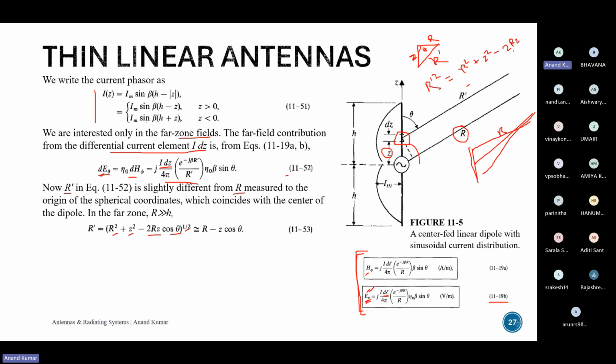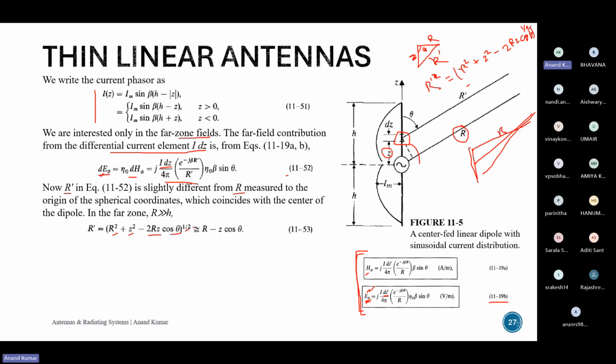You get it, right? This is 2Rz cos theta. So this is the expression, and now we need just the R'. So we take a root on both the sides, and we end up with this whole thing to the power 1/2.